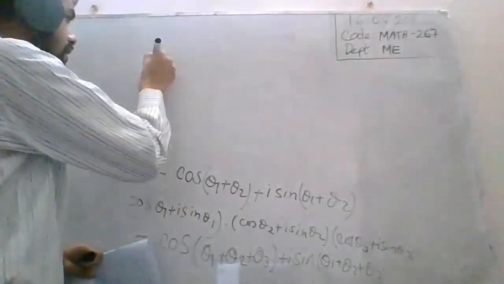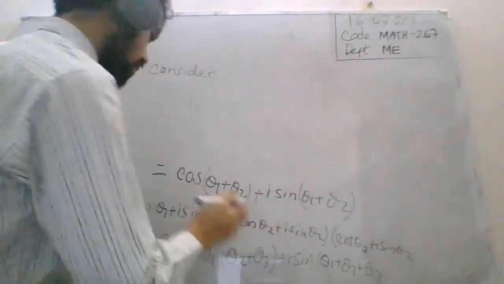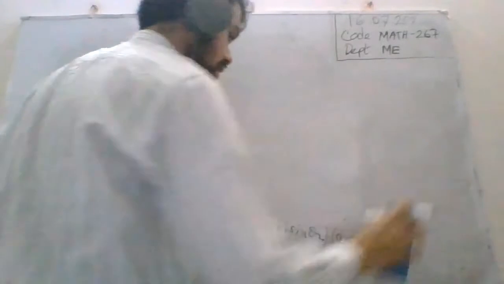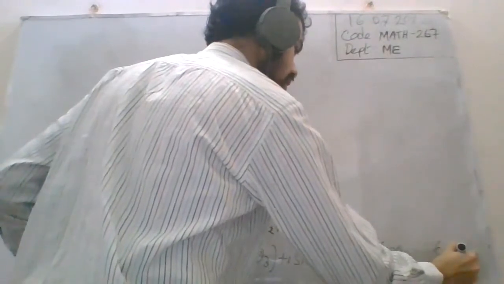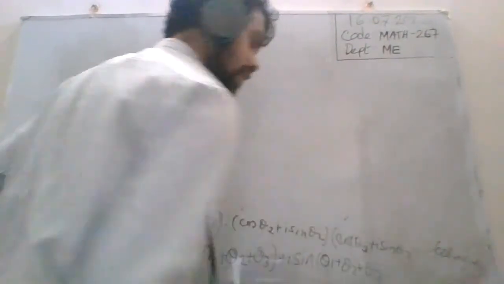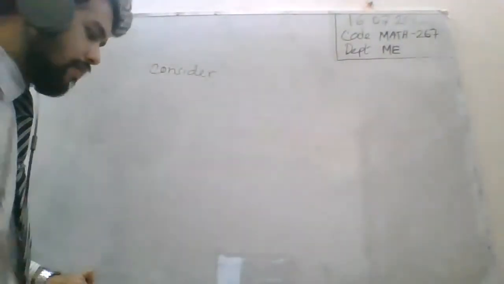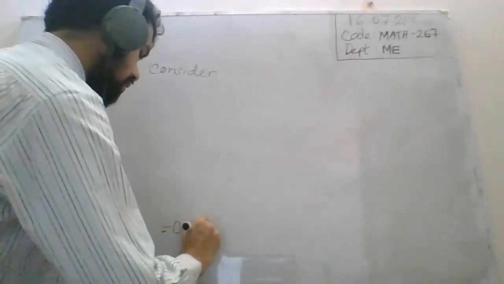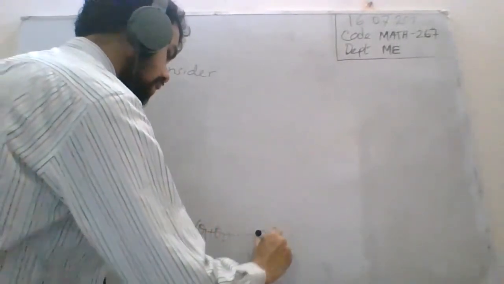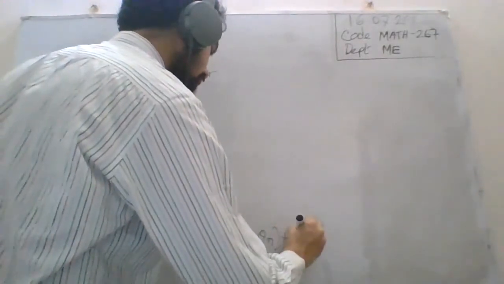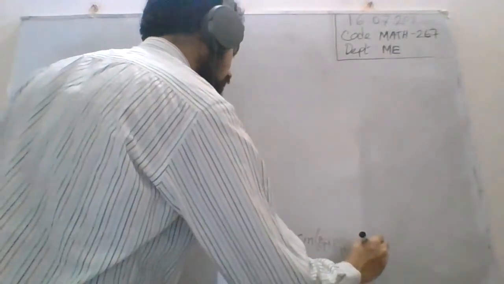Now if we take the product up to n terms, cos theta n plus i sin theta n, we get cos (theta 1 plus theta 2 plus dot dot dot plus theta n) plus i sin (theta 1 plus theta 2 plus dot dot dot plus theta n).